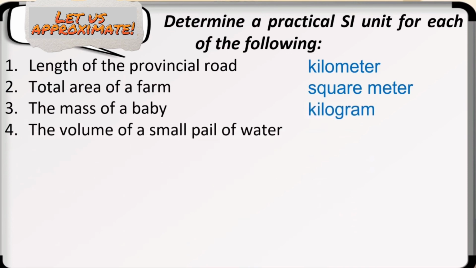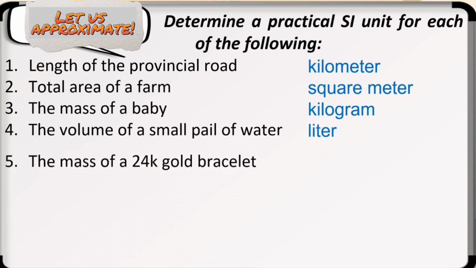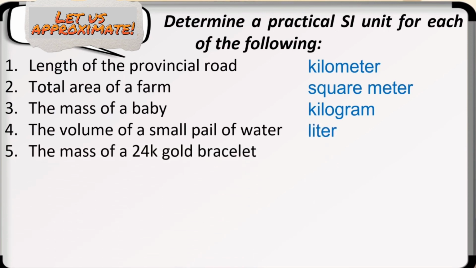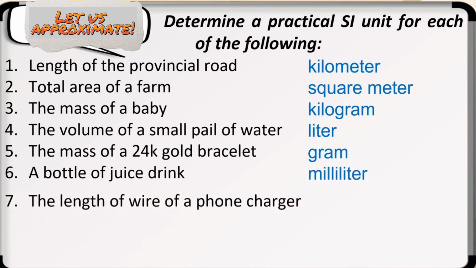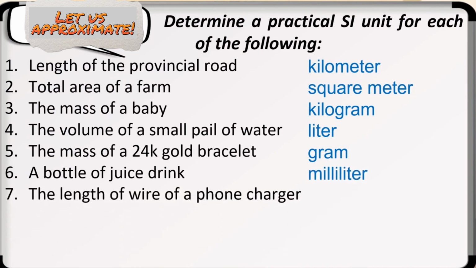Kilogram. Number 4. The volume of a small pail of water. Liter. Number 5. The mass of a 24-karat gold bracelet. Gram. Number 6. A bottle of juice drink. Milliliter.